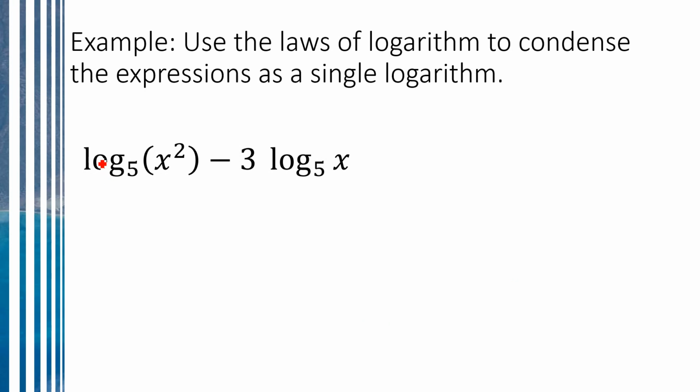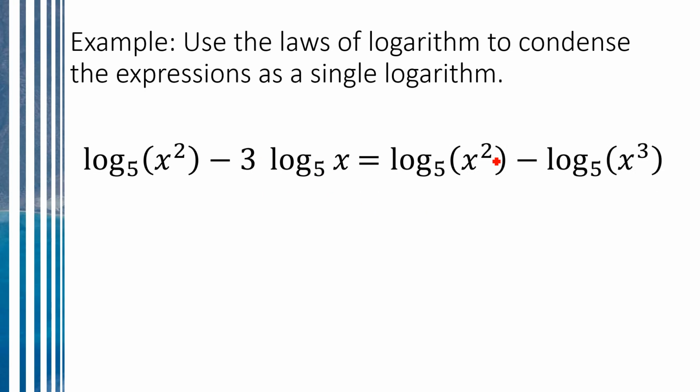Okay, now what about this one? The logarithm of x squared with base 5 minus 3 times the logarithm of x with base 5. Now, since in this case we have 3 before the logarithm, the 3 becomes the exponent in the argument. So you have the logarithm of x squared with base 5 minus the logarithm of x cubed with base 5.